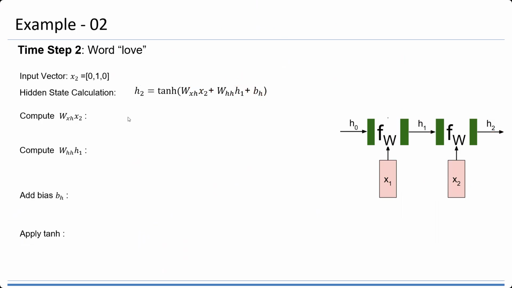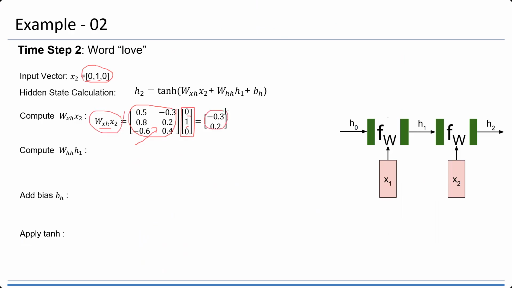Then using the weight WXH, the weight is the same, and we multiply with the X2. So X2 is this one, 0, 1, 0. And using the matrix multiplication, we got this value.